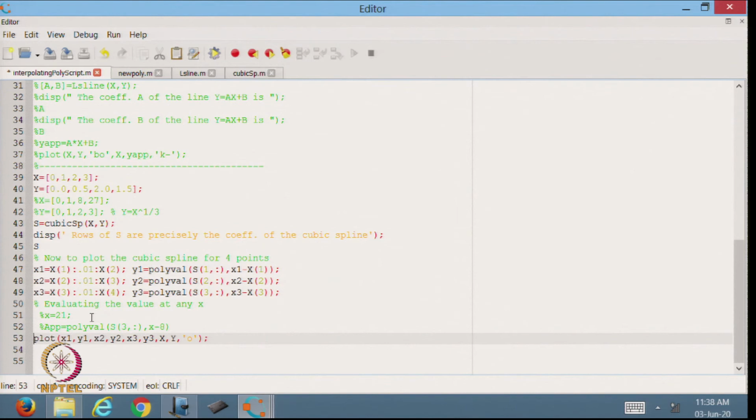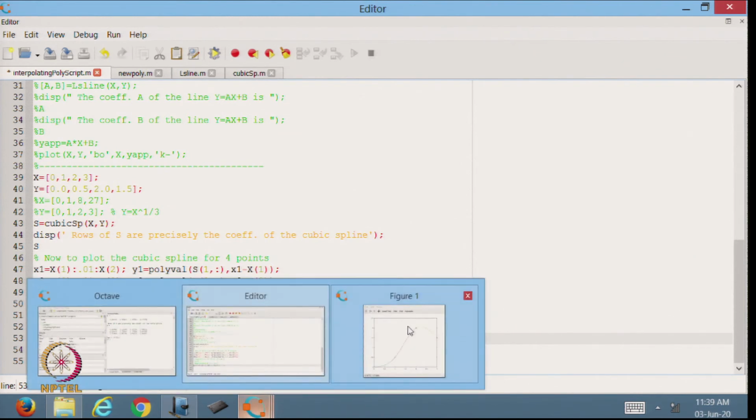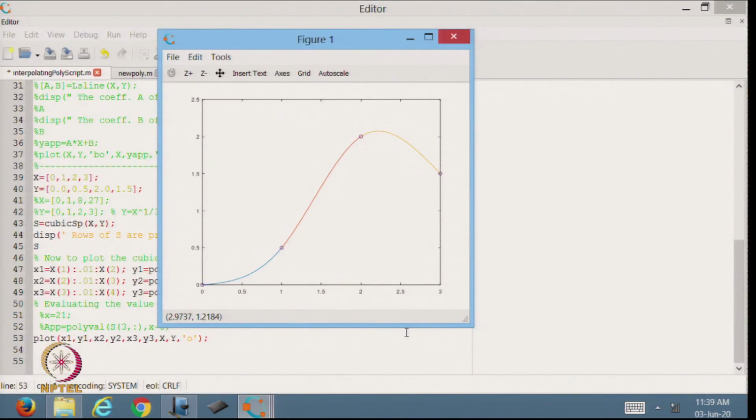And then I plot all this together: x1 y1, x2 y2 and x3 y3. Okay. And this is the corresponding x and y whatever we have started with, and I am plotting together with this, the connecting side is the circle. So, from here this is what we are going to get. This is the first cubic spline, the second cubic spline and the third cubic spline.